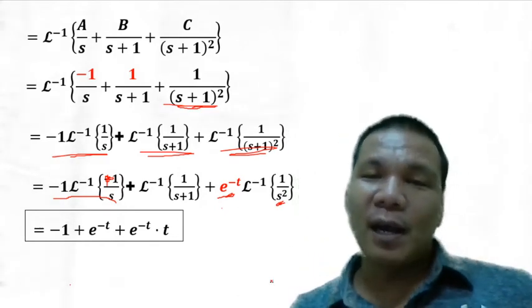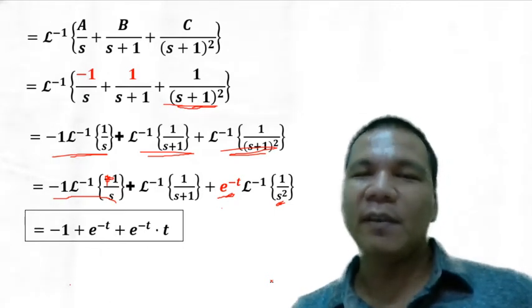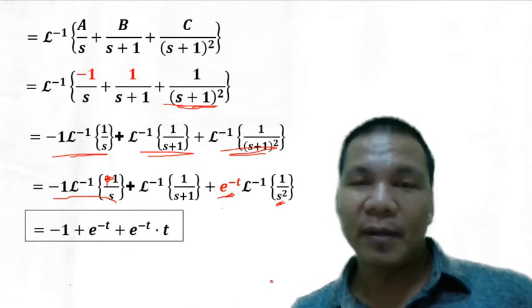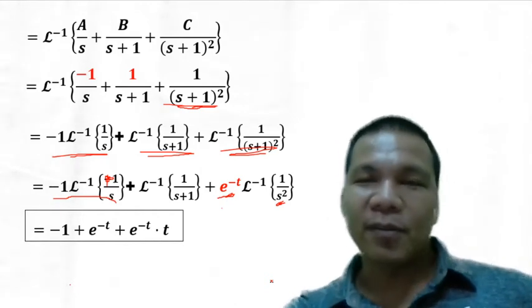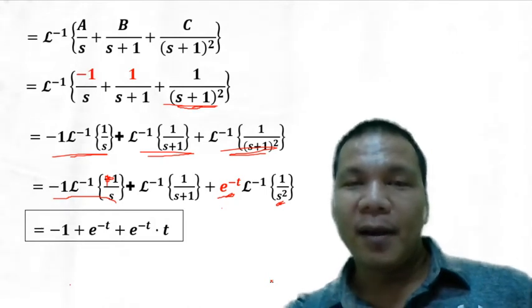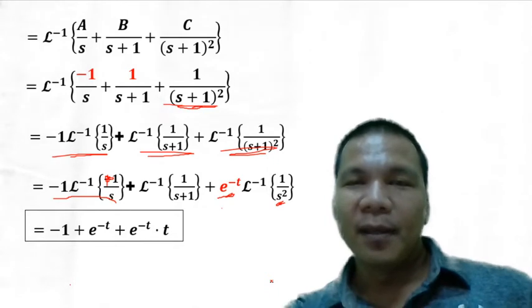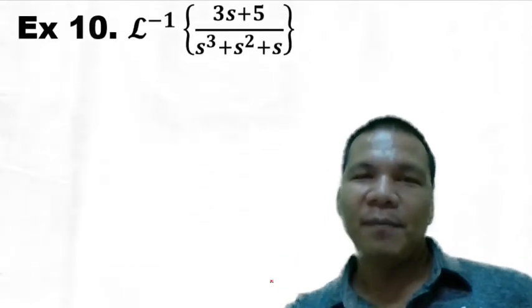I know that this topic is very complicated, especially if the fractions are really hard. Okay, let's try this one. I don't want you to get confused on the third example. This will be the last example.